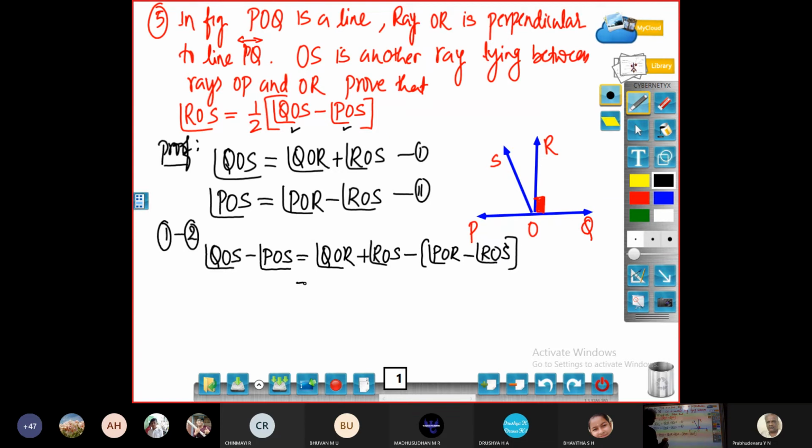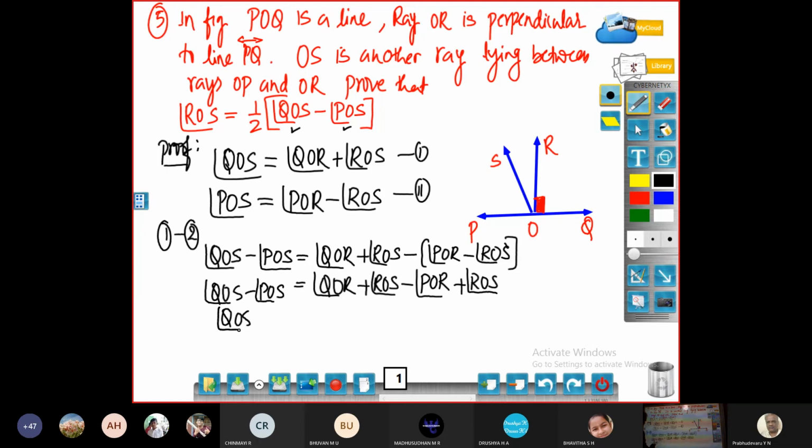Now multiply this minus inside: QOR plus ROS minus angle POR plus ROS. So this is equal to QOS minus POS.